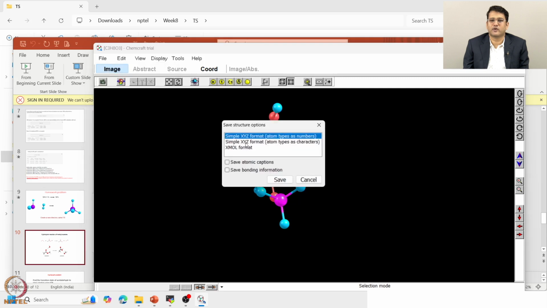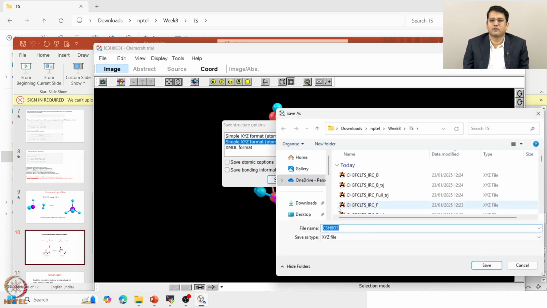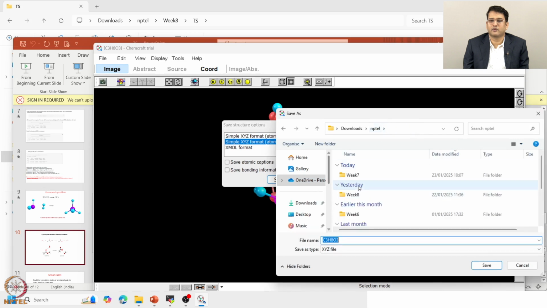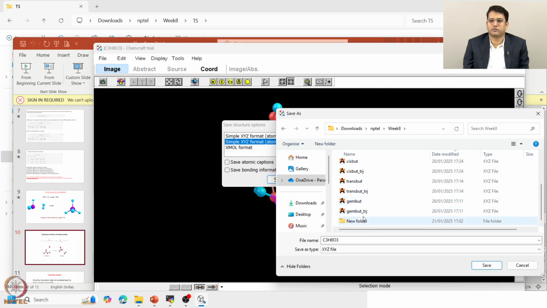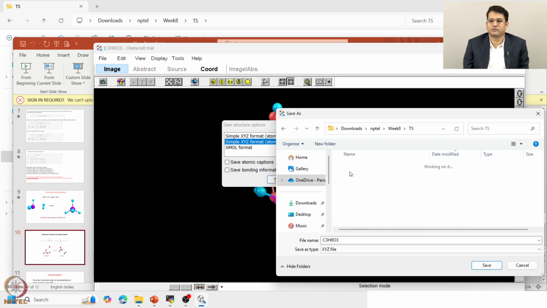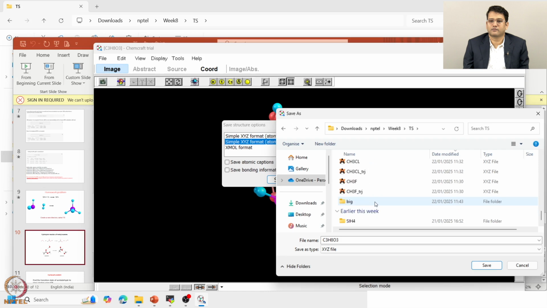Save structure as XYZ file. And this I will do inside. It's a big directory.